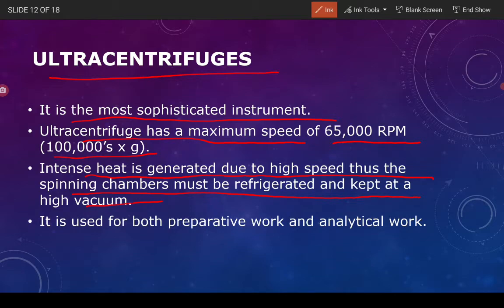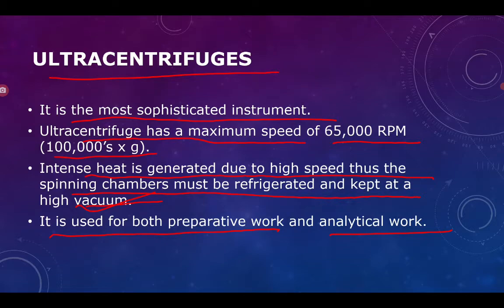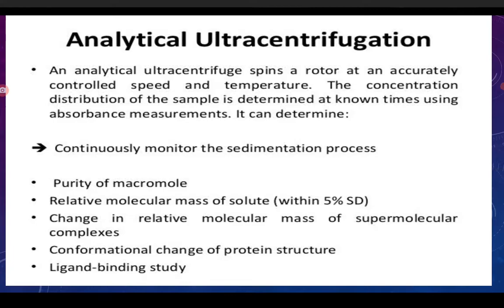So these move at such high speed that they require temperature control, of course, along with a vacuum inside the chamber, so that the particles are not disturbed. It is used for both preparative work and analytical work. So there are two types of ultracentrifuges, the preparative ultracentrifuge and the analytical ultracentrifuge. Let's see about them.